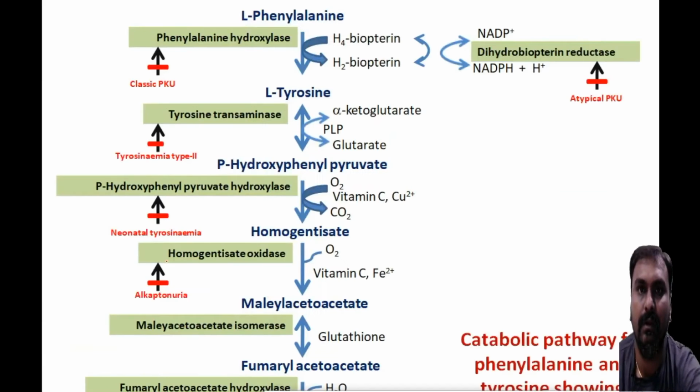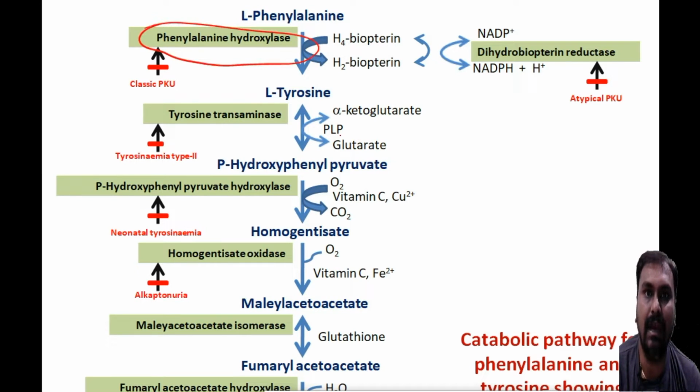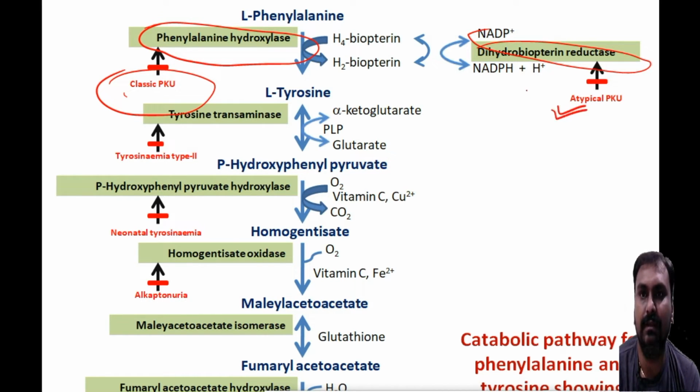Now again I revise. Phenylalanine is converted to tyrosine by the phenylalanine hydroxylase enzyme. If this enzyme is deficient, it leads to classical phenylketonuria. If dihydrobiopterin reductase is deficient, it leads to atypical or non-classical phenylketonuria, type 2 and type 3. If biopterin synthesis is defective, it leads to type 4 and type 5.